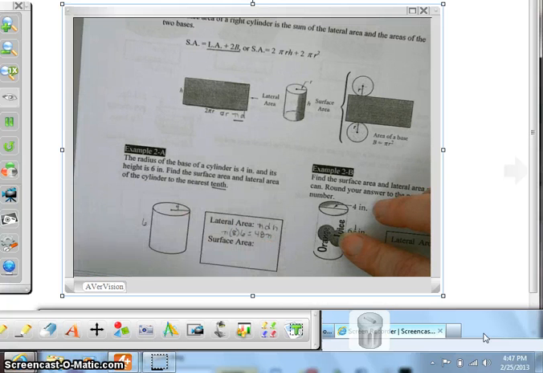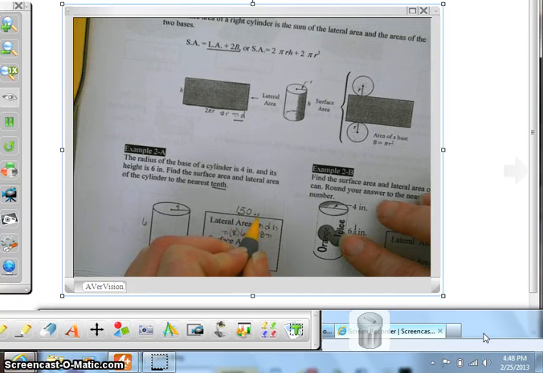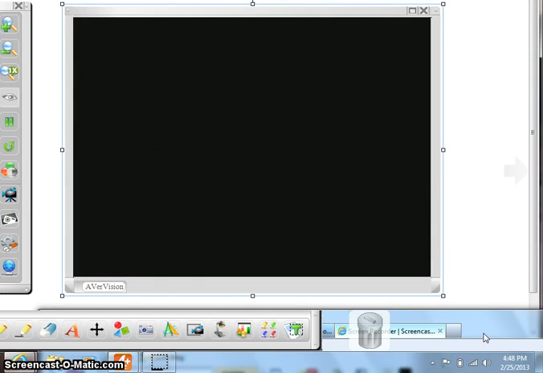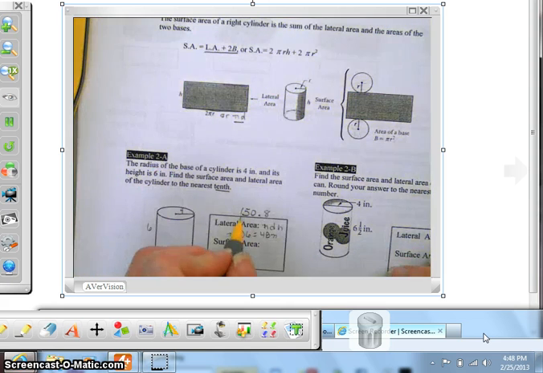It says to the nearest tenth, so we'll need to multiply. 48 times pi gives me 150.8 when you round it. So we have 150.8 for the lateral area.